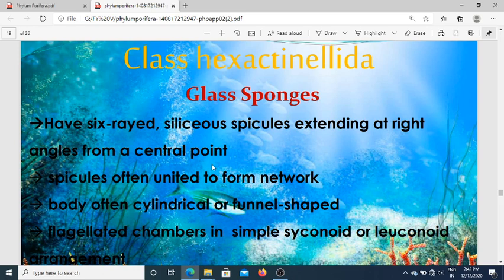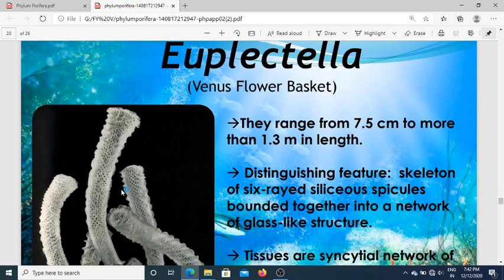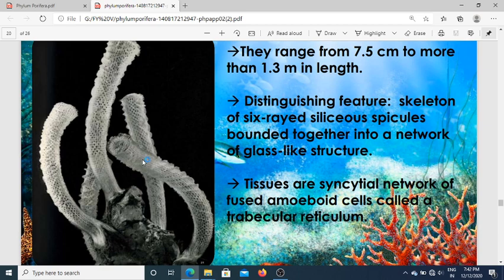They are cylindrical, funnel, vase or urn shaped. This is a funnel shape. They vary in size, ranging from 10 cm to 30 cm. These sponges are commonly known as glass sponges because their structure is glass-like. The body wall is without any gelatinous matrix and outer epithelium.